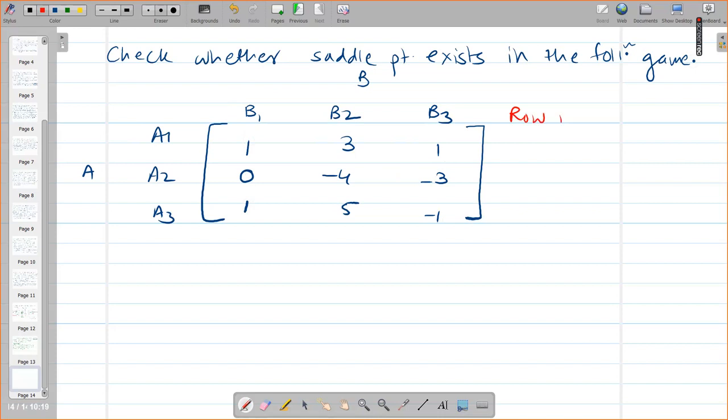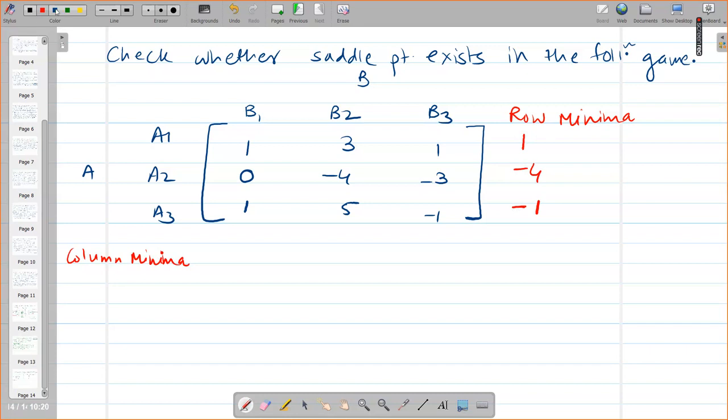Now tell me row minima. Yes, girls, row minima. 1, -4, -1.